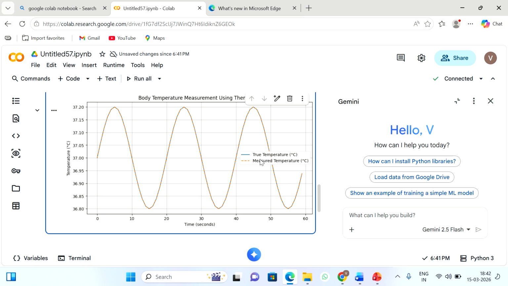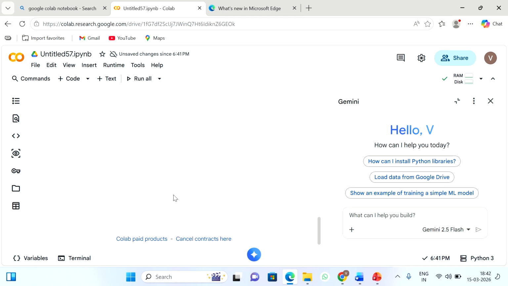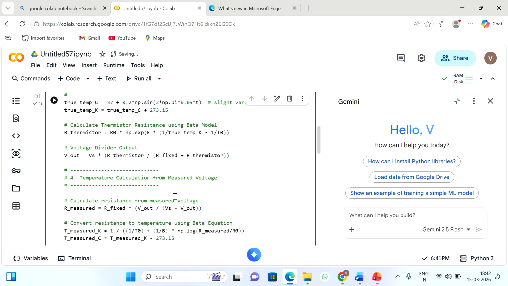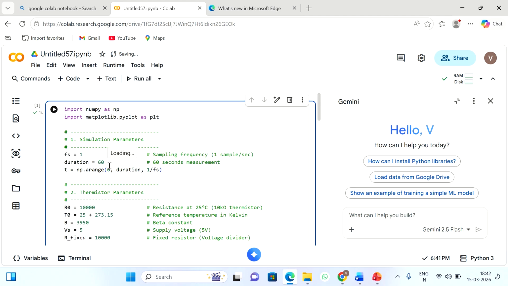The blue waveform is the true temperature in degrees Celsius and the measured temperature in degrees Celsius is in red color. Both coincide with one another. And now I am going to explain the code line by line.